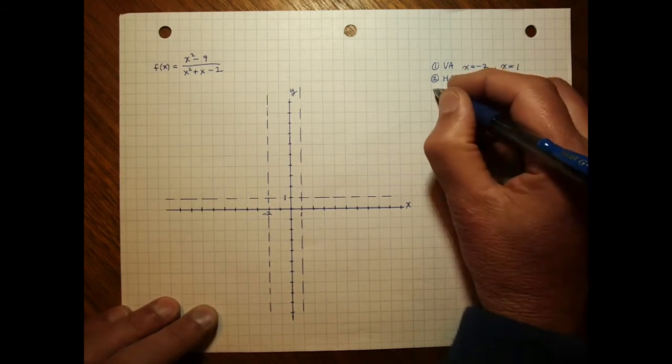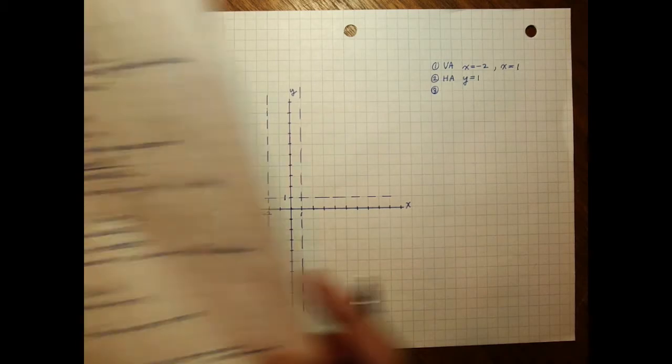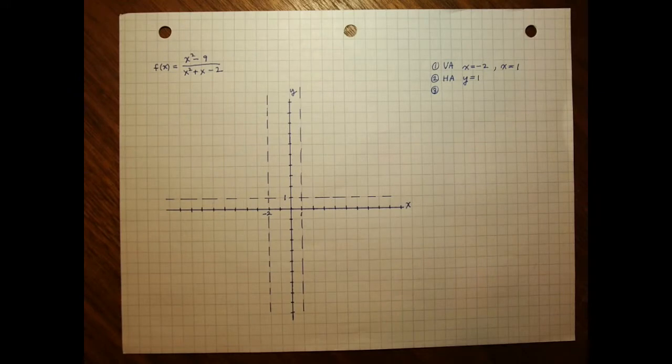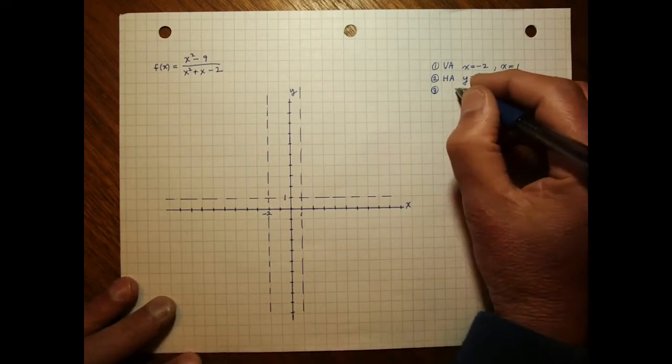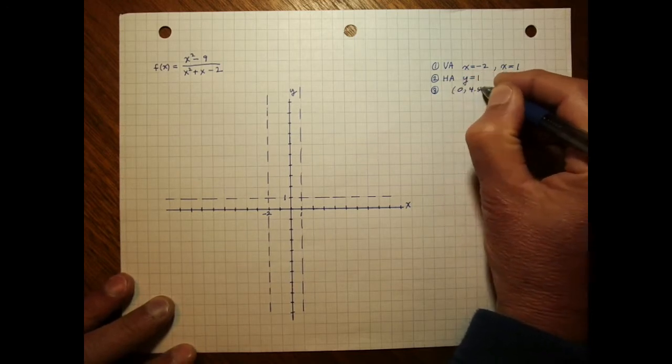And I think our third step on our sheet is to plot the x and y intercepts. So we found that the y-intercept was (0, 4.5).